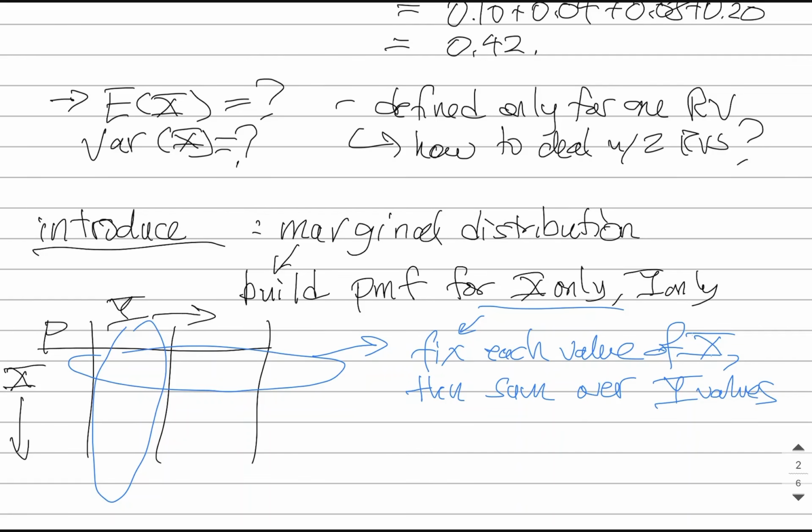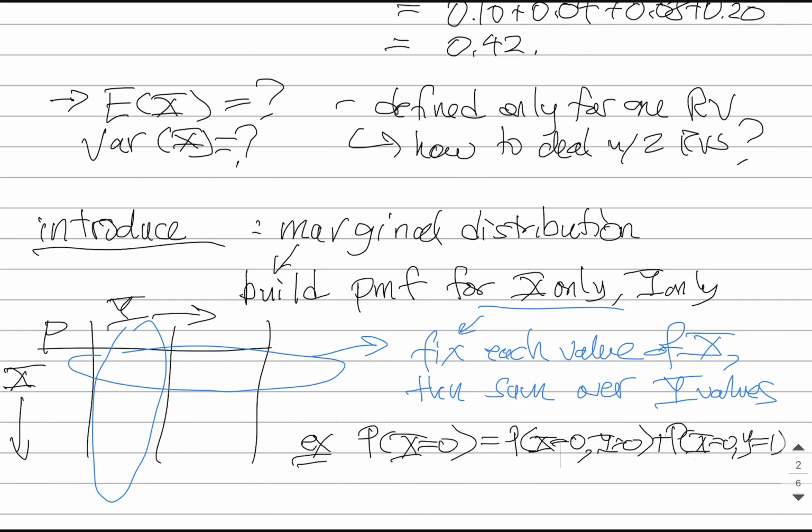Now, in our example with the gas station, if we were to say the probability that x is 0, we are going to consider every case where x is 0 and then add up all of those situations for the different y values.